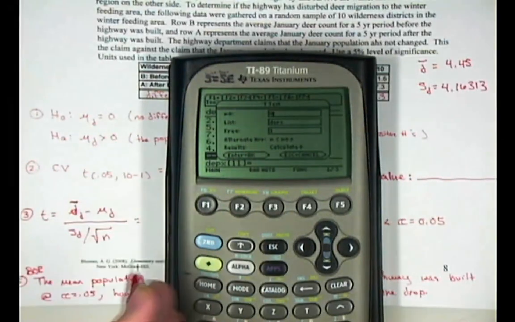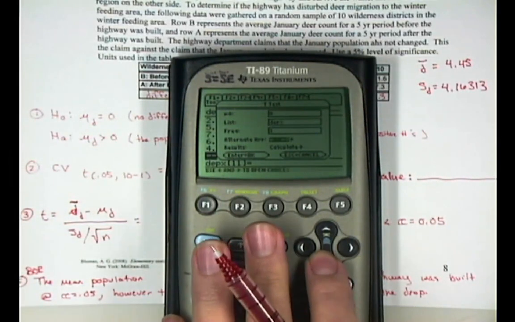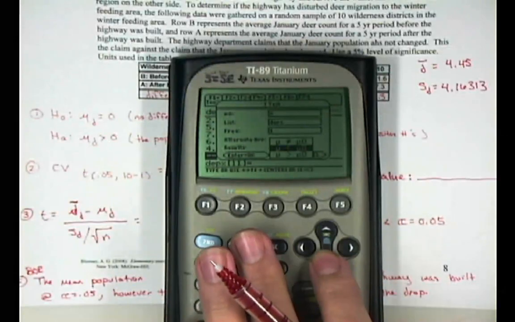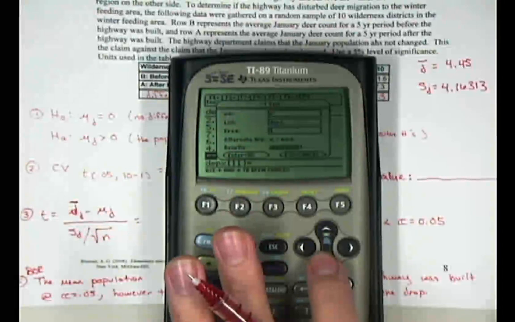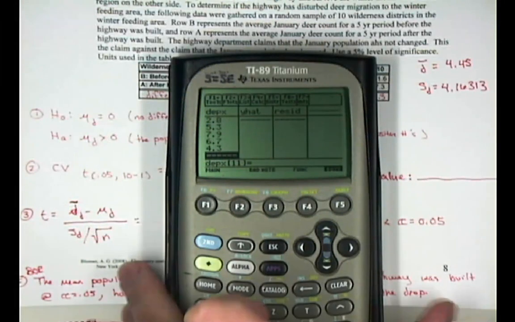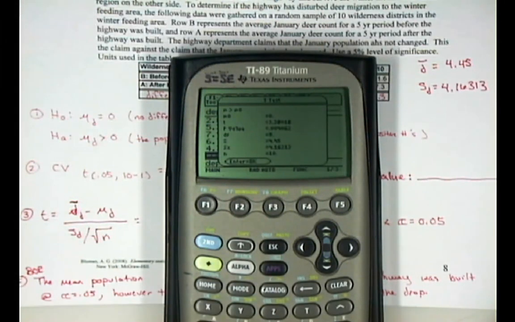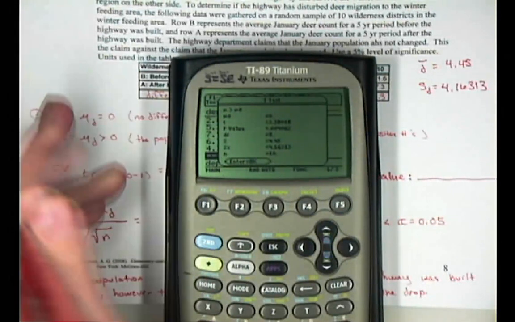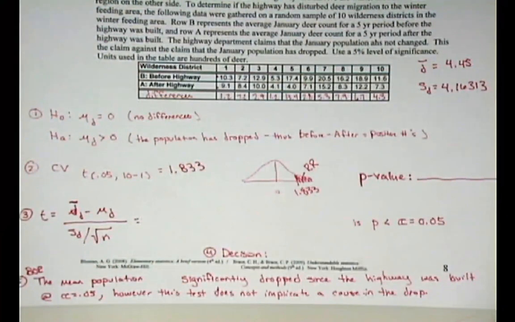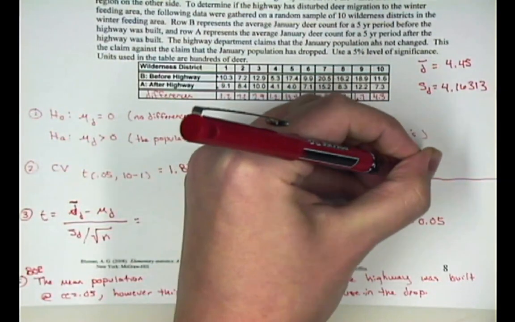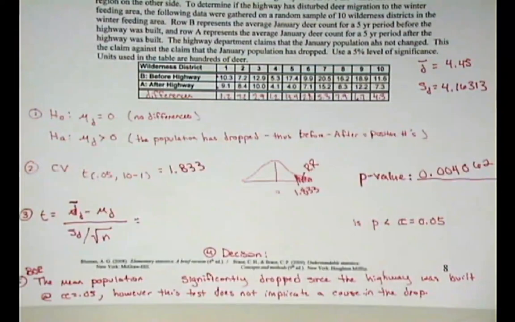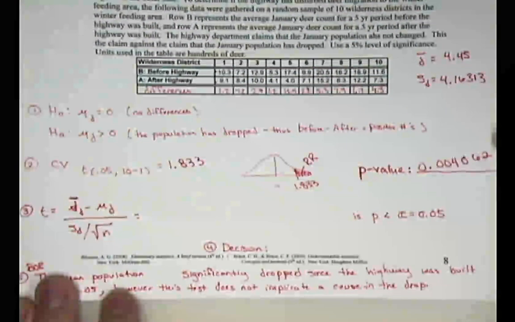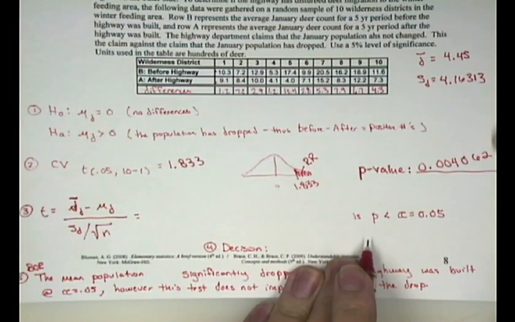Make sure your frequencies are correct, and make sure you have the right alternative hypothesis selected. We're doing a right-tailed test, and then we hit calculate because we don't want to draw it, and it'll give us our p-value right up here. We would want to write that down, 0.004062. And then, of course, you want to compare that to alpha and base your decision on it.